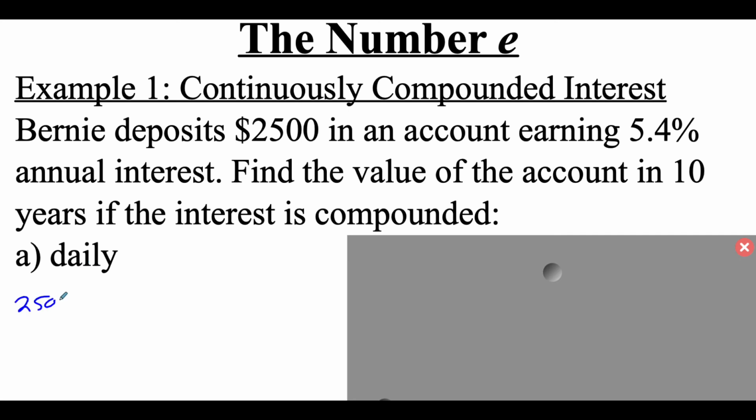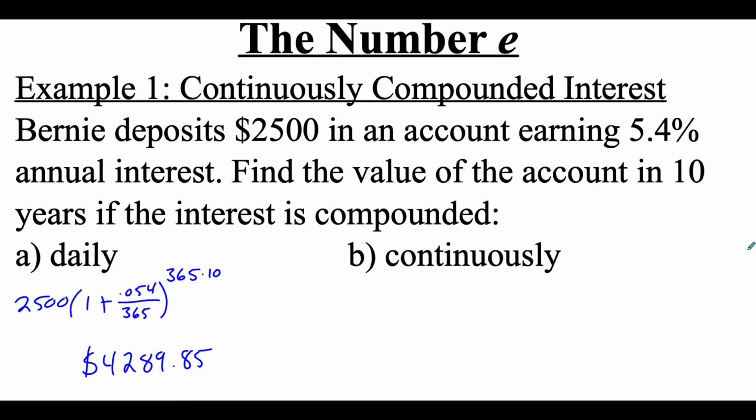So that would be 2,500 times 1 plus the 0.054 divided by, well, daily, there's 365 days in a year. We would take 365 times the 10 years. If we were to type all of that into our calculator, we would end up with $4,289.85. So again, more compoundings, more interest.